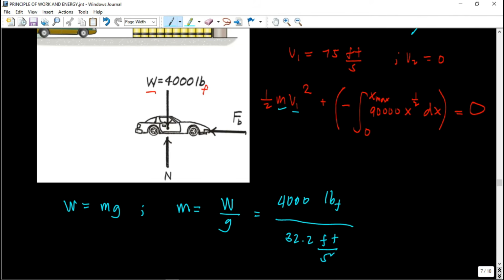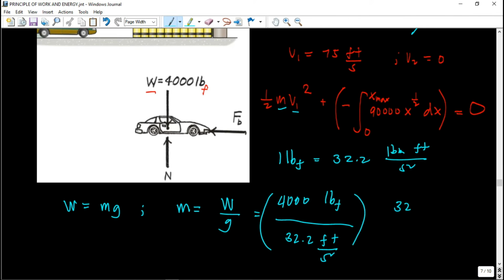So dito dapat yung kalabasan nating unit is pound mass. Pero wala tayong pound mass dito. So we will use the conversion na 1 pound force, which is, this is really actually a very important conversion, 32.2 pound mass feet per second squared. Okay, so ika-cancel natin yung pound force using this conversion.